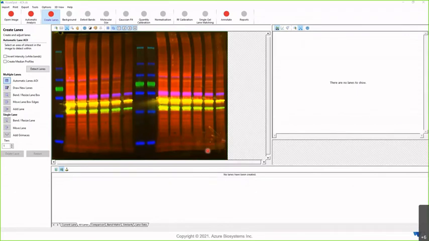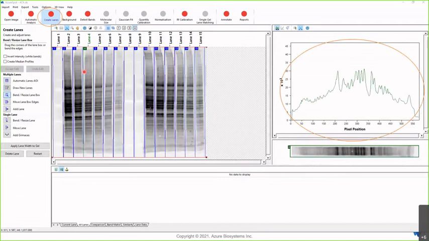Right, here's a screenshot of the software. Let's say I have a 4-color fluorescent Western blot image, with channel 4 as the total protein image, indicated in red color. Firstly, you need to create the lane.